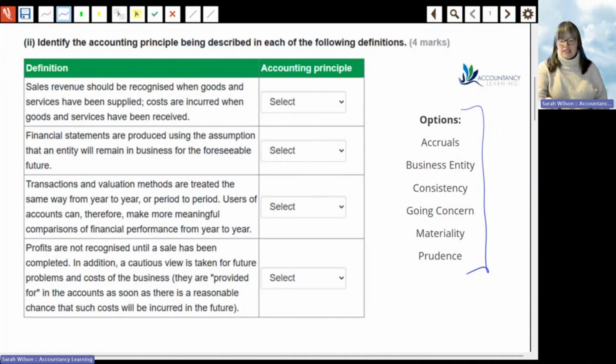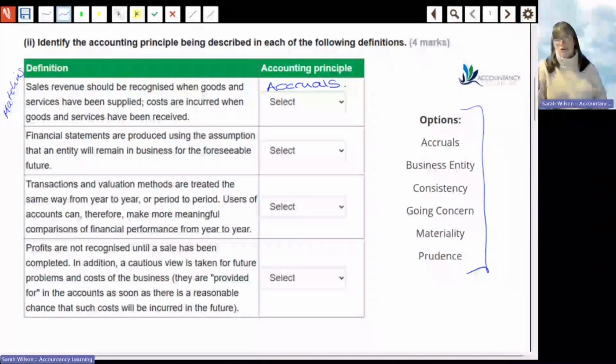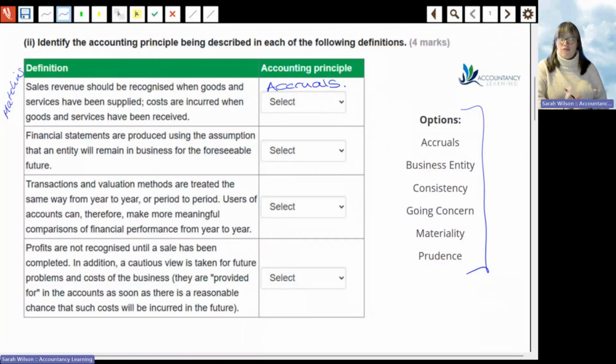So this is matching our sales and our purchases to the time period to which they relate. So this is going to be an example of our accruals principle. That means whatever time period we're working to, we make sure that we accrue and we prepay to put the costs in the relevant time period to which they relate.